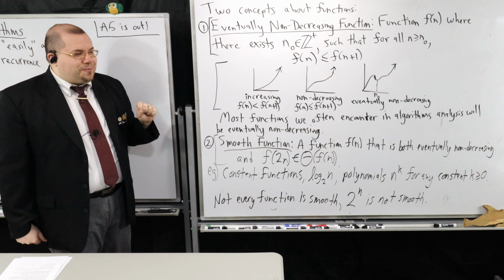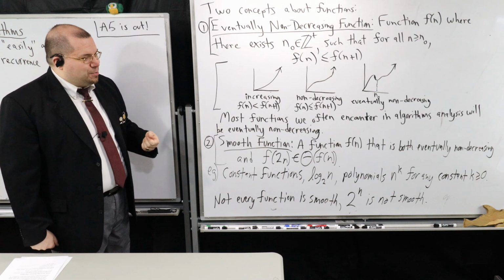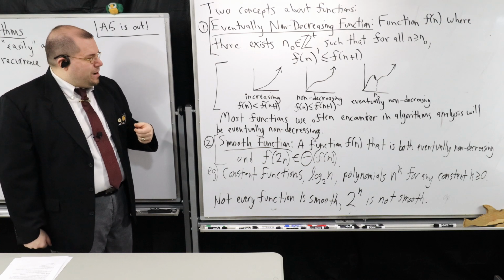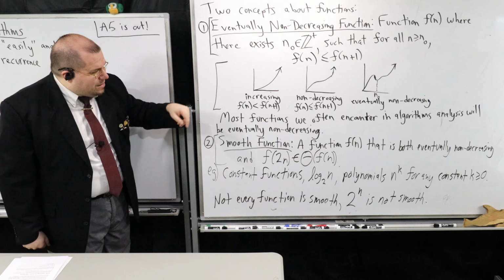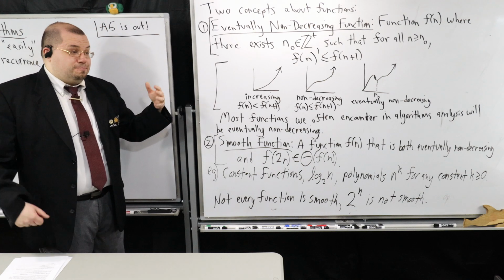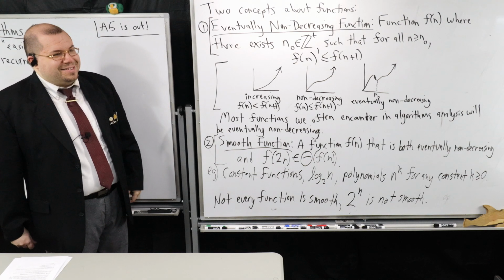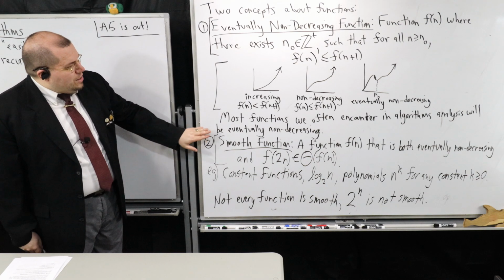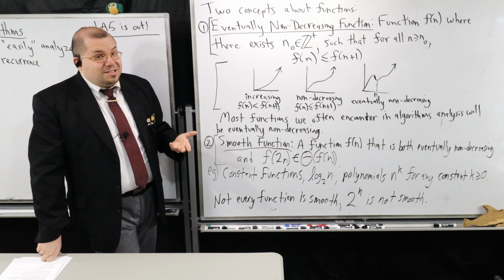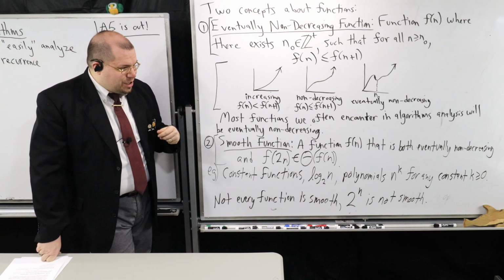The thing I'll tell you up front is that almost every function you're going to analyze from a complexity standpoint will most certainly be one of these eventually non-decreasing functions. But you have to be very careful because sometimes you're given a function that doesn't satisfy that property. You might ask, how would you check this? One standard way is a proof by mathematical induction.